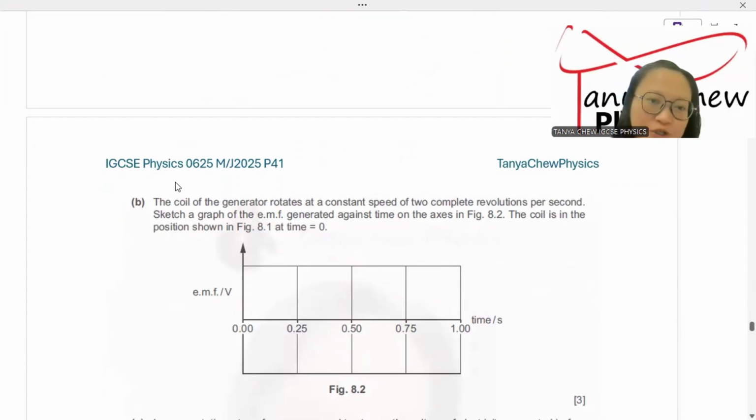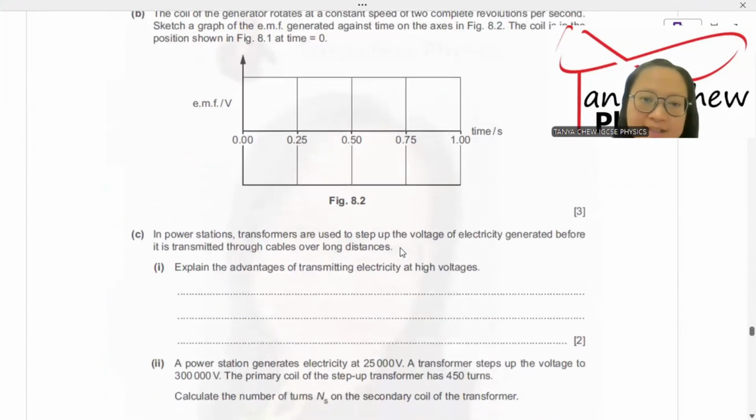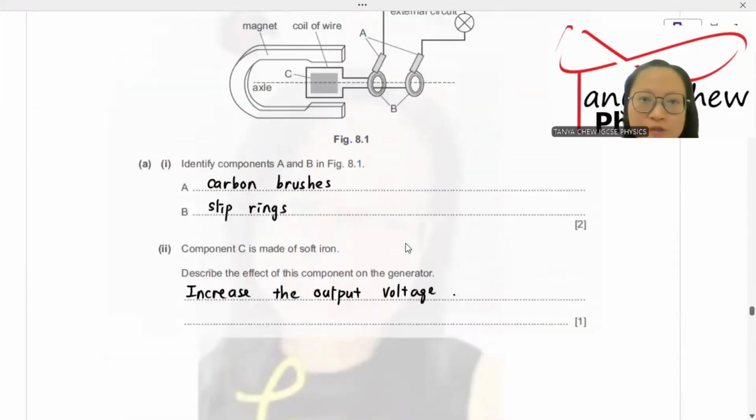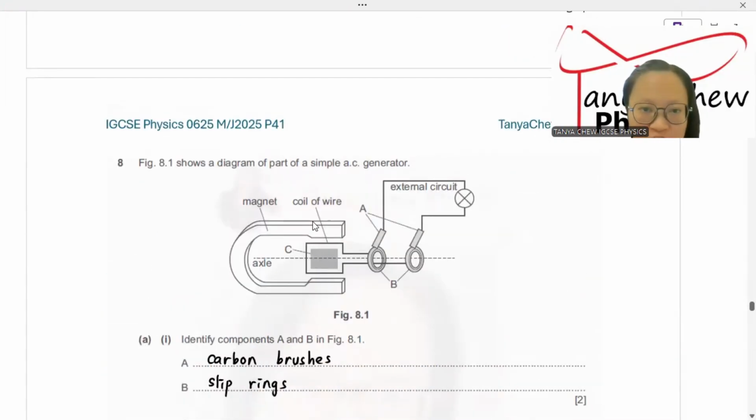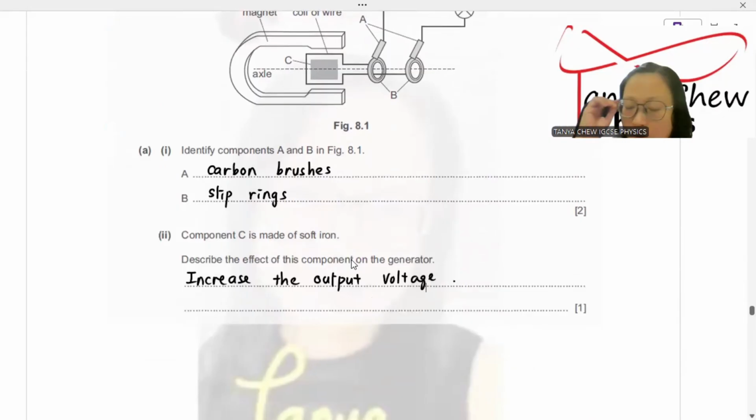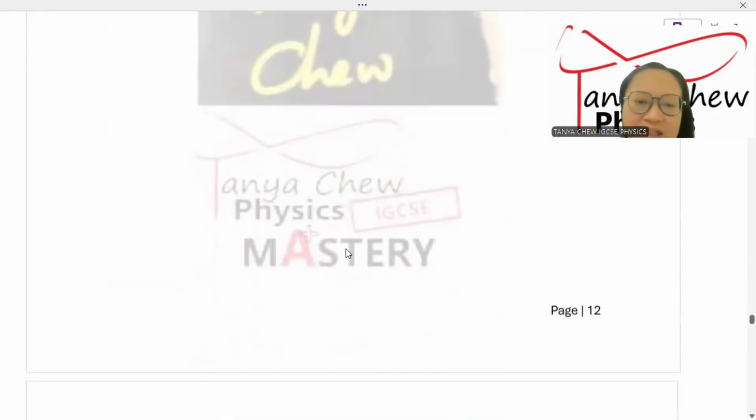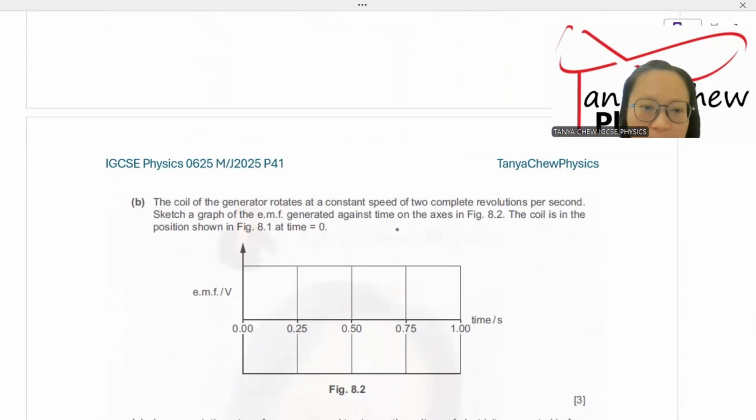The coil is in the position shown in Fig 8.1 at time t equal to 0. So you can see that when t equals 0, the coil of wire is in between the magnetic field of the magnet. So maximum cutting of the magnetic field occurs, so the EMF induced will be maximum.